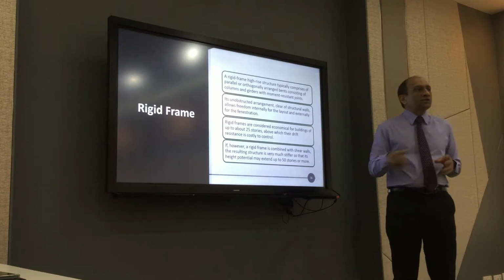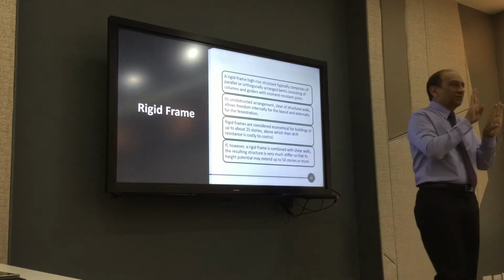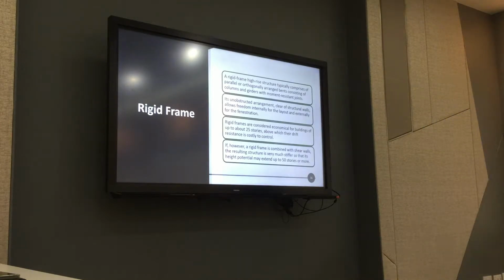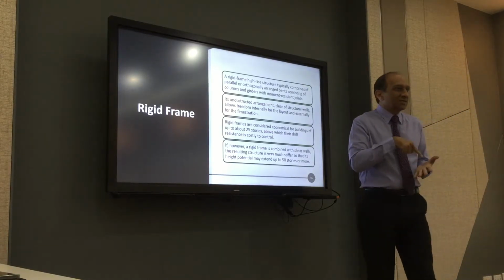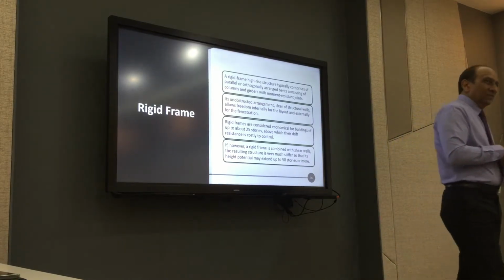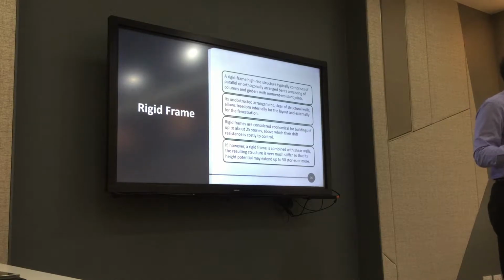In fact, the building codes require that even if you have a shear wall and a core wall, you must have at least a frame which takes 25% of the forces. This is something that we don't agree with, but the codes require that to be done. And this year one thesis is about this topic: what if we don't follow this rule, and what if we follow this rule, what are the differences in performance and so on, right?